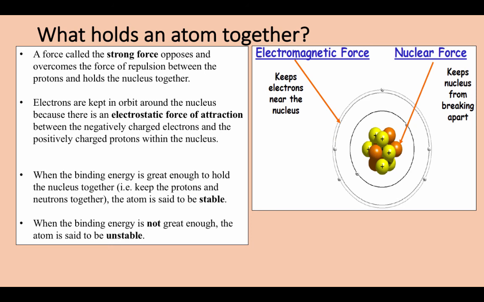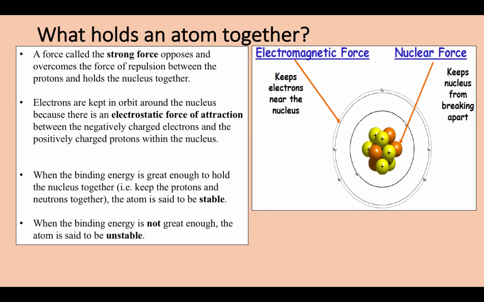You would think that those protons would want to be as far away from each other as they possibly can. Well, we know that the strong nuclear force is what prevents the nucleus from breaking up, and the reason that happens is because those neutrons act as a buffer system.